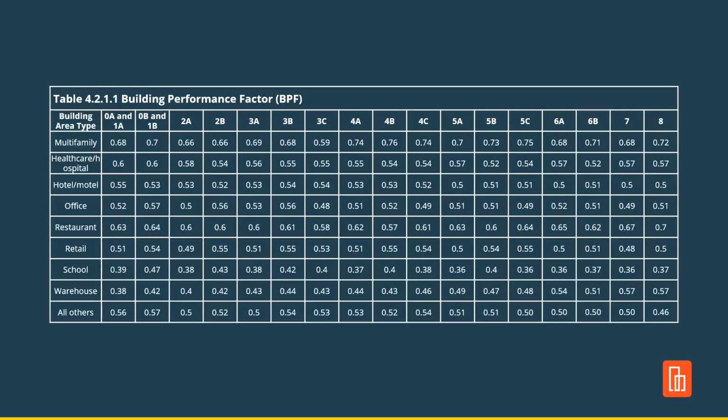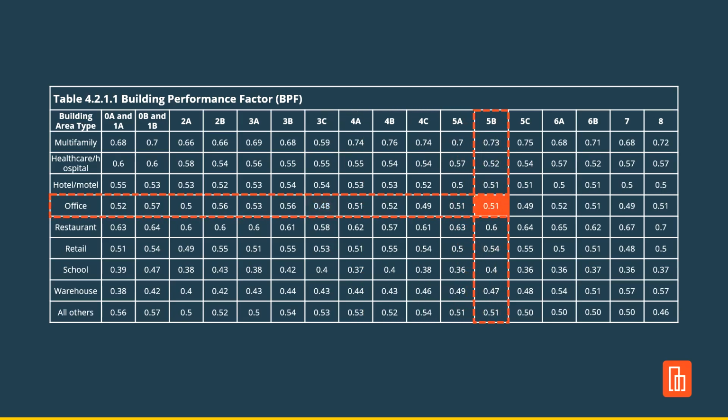This is directly taken from 2019 90.1. And as you can see, there are specific values for different buildings and different climate locations, with the climate locations running along the top and the building types running down the side. Should you be in climate zone 3C, you can see that this office building has a building performance factor of 0.48.